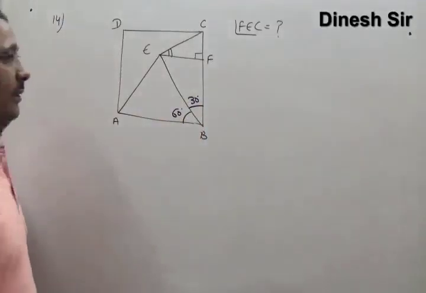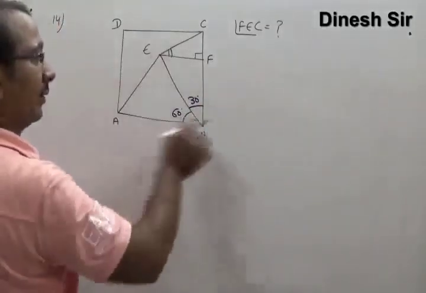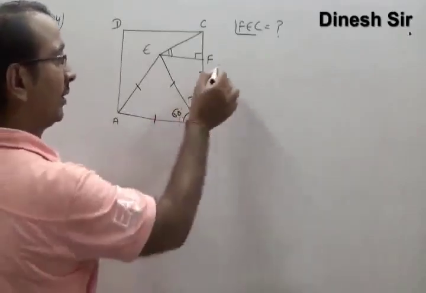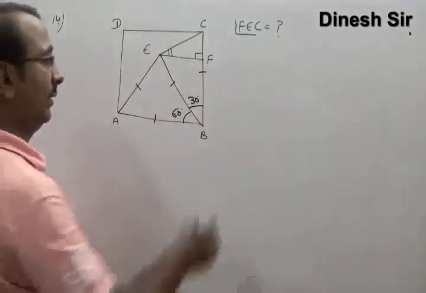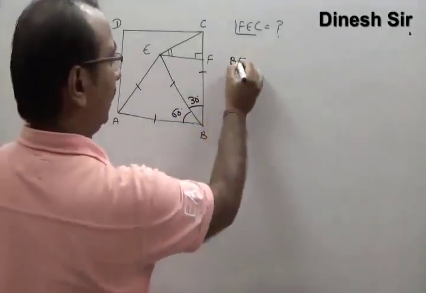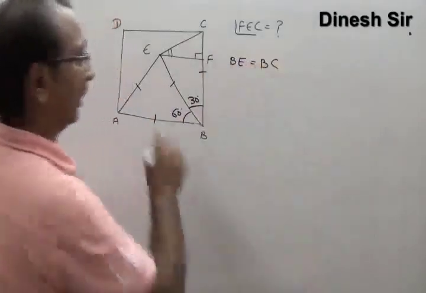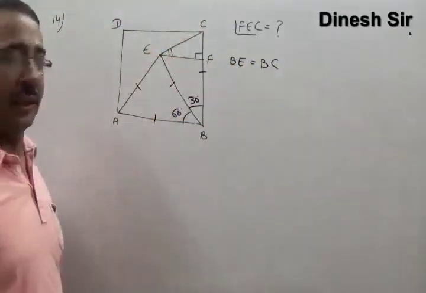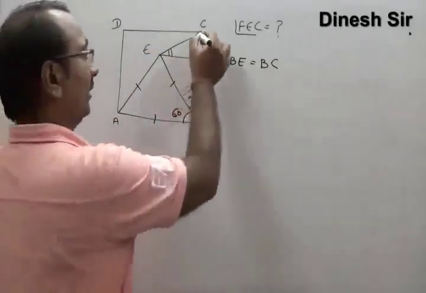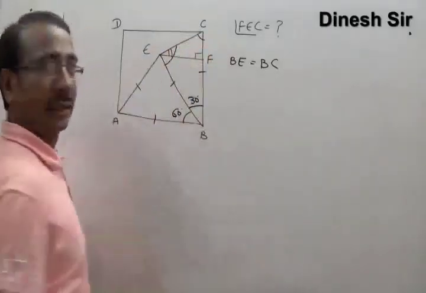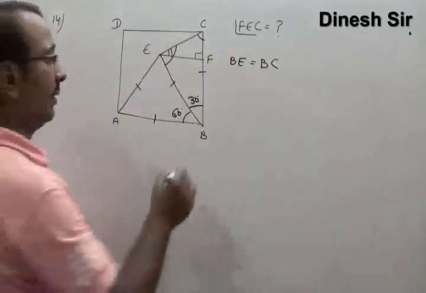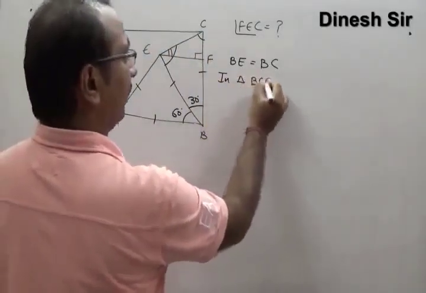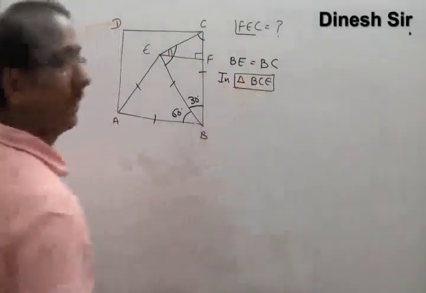Now after that I can say, because it is an equilateral triangle, all three sides are equal, and it's a square, so this side is equal to this one. So here I can say side BE is equal to side BC. These two sides are equal, hence these two angles will also be equal. Now in triangle BCE, the sum of all three angles is equal to 180 degree.